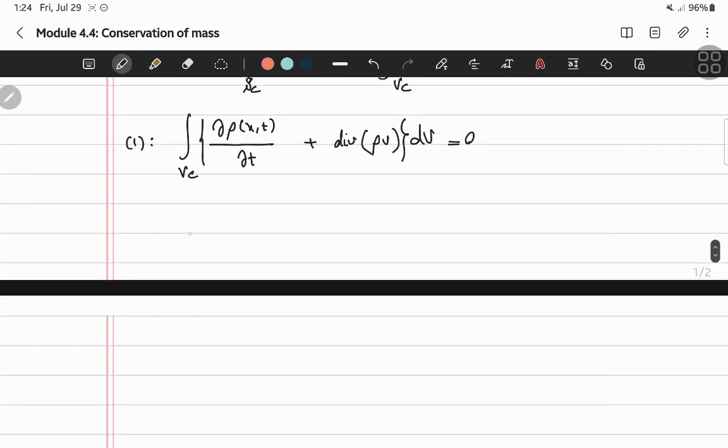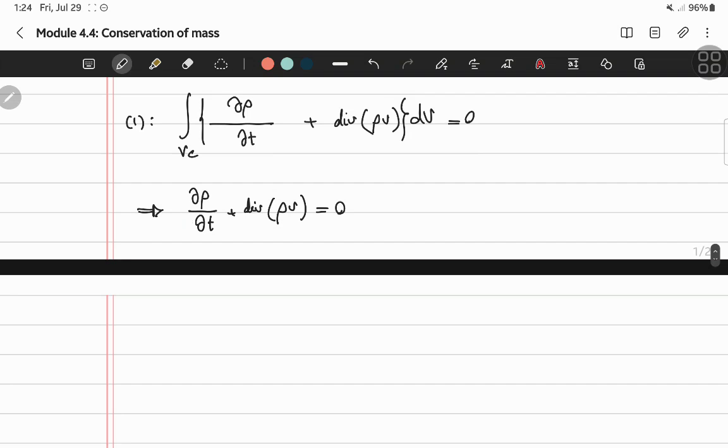So then we have the partial derivative of rho with respect to t. I'm not going to write x and t again, like I forgot to write it down here also. So we have this plus the divergence of rho v equal to 0.